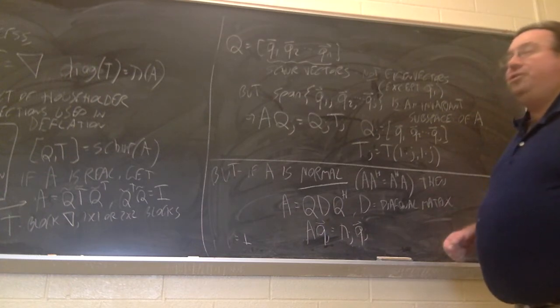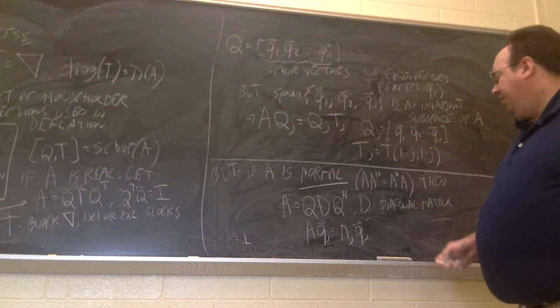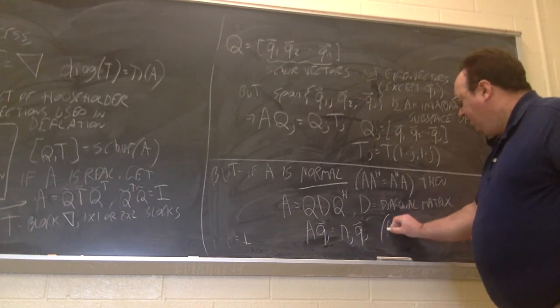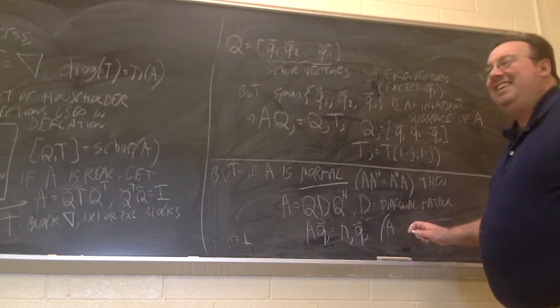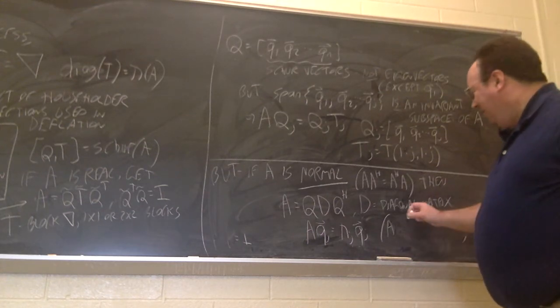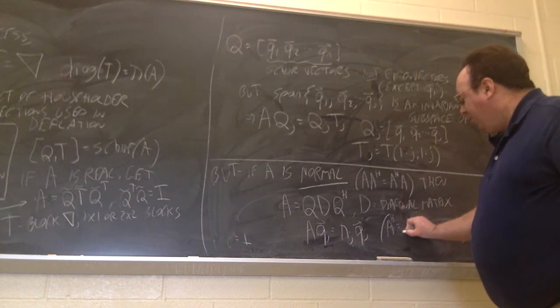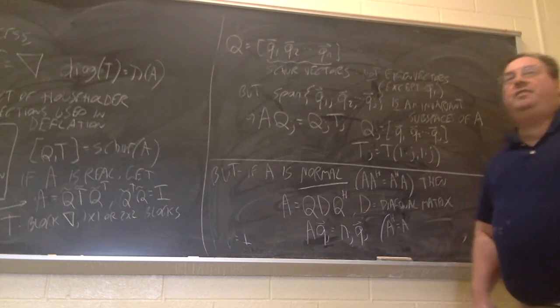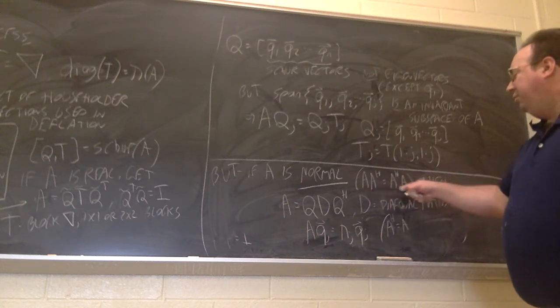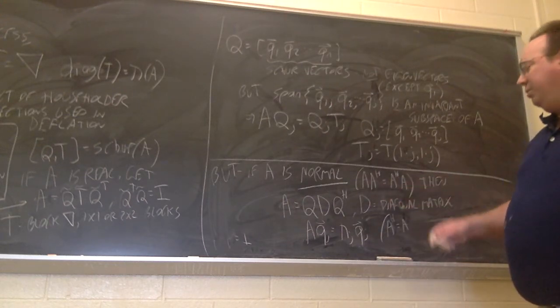Now, what are examples of normal matrices? Well, yes, 0 is a normal matrix. But, for example, suppose A is Hermitian. So it's equal to its own Hermitian transpose. Then both of these would reduce to A squared. So they're equal.